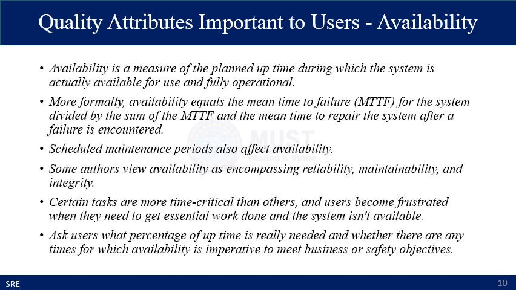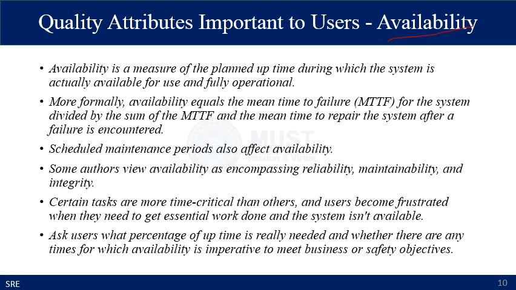So now let's look at brief details about each of the quality attributes important to the users and each of the quality attributes important to the developers. So first start with the quality attributes important to the users, and the first quality attribute is availability.